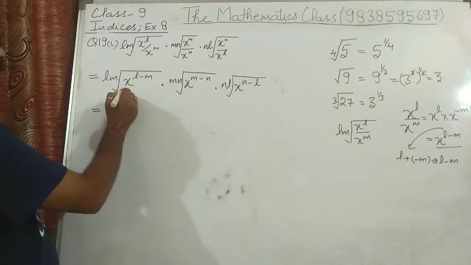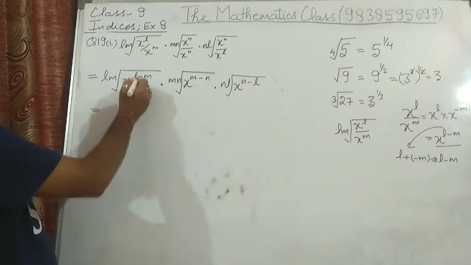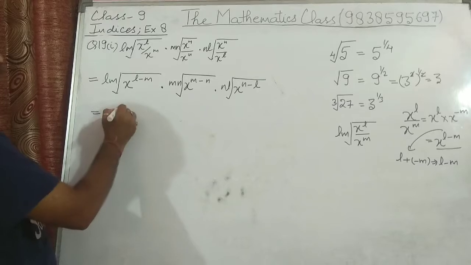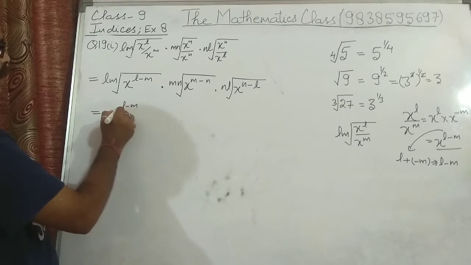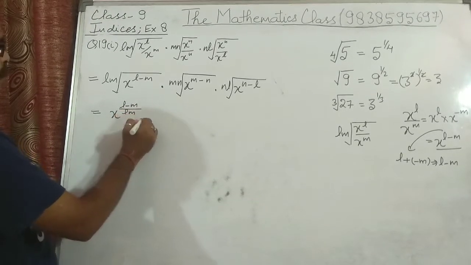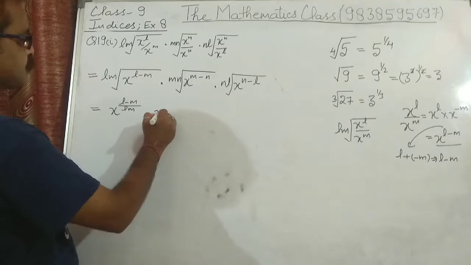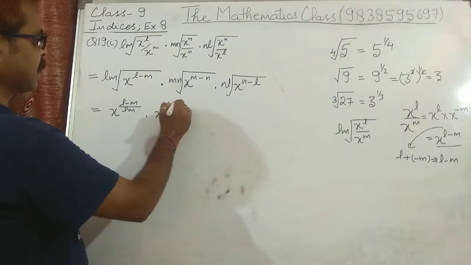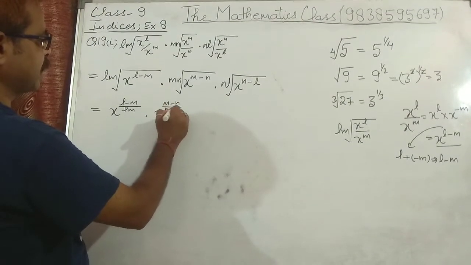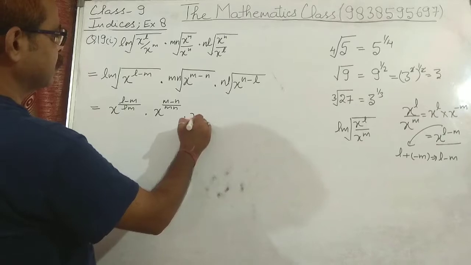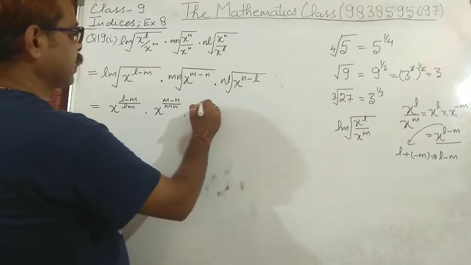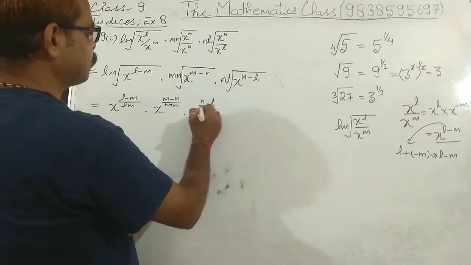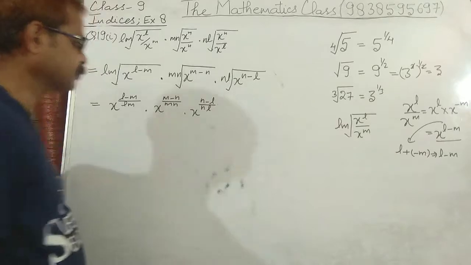Similarly, the lth root of x to the power l minus m can be written as x to the power (l minus m) upon lm, into x to the power (m minus n) upon mn, into x to the power (n minus l) upon nl.